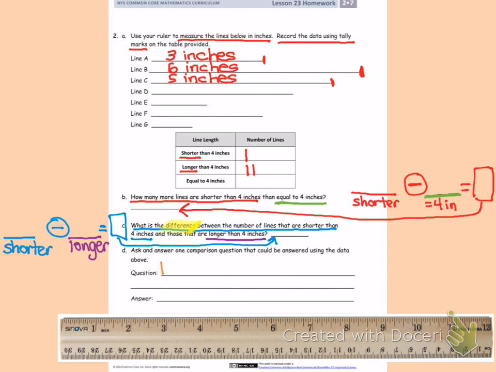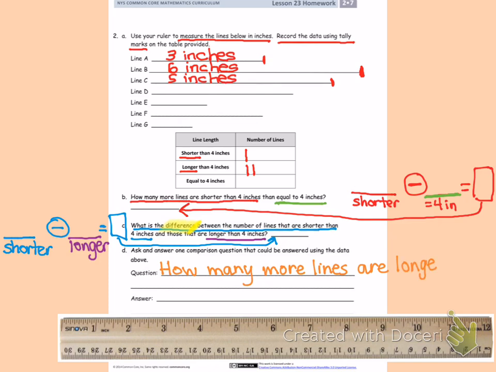I'll start my question with a capital letter. How many more lines are, instead of writing shorter this time, I'll put longer.